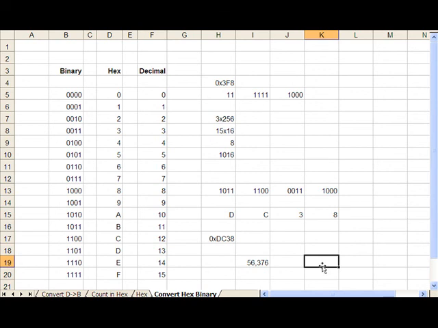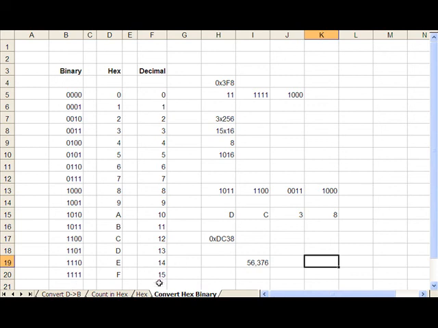Okay, what you should be able to do now is to take any number in hex and convert it to binary, and vice versa. Any binary number you should be able to convert to a hex number. You should also be able to convert between binary and decimal. So if you have a binary number and need to know what that decimal equivalent is, for small numbers you should be able to do this with a piece of paper, and with large numbers you should be able to do this with the converting calculator.